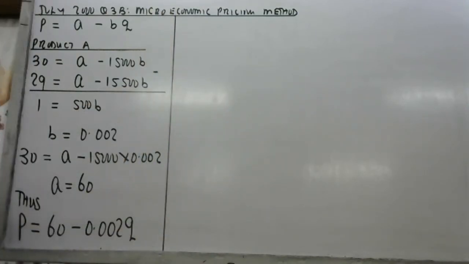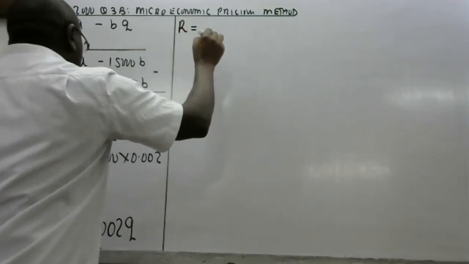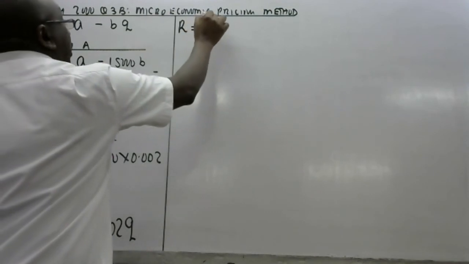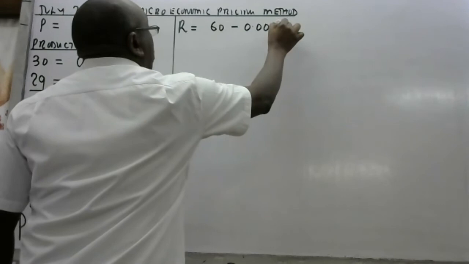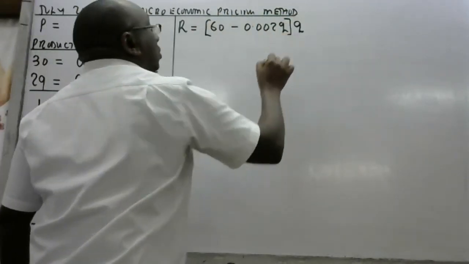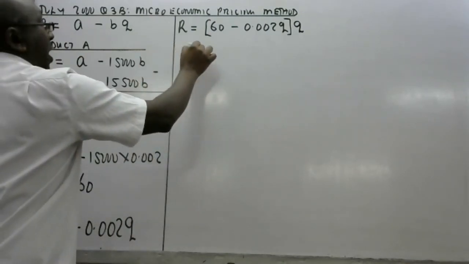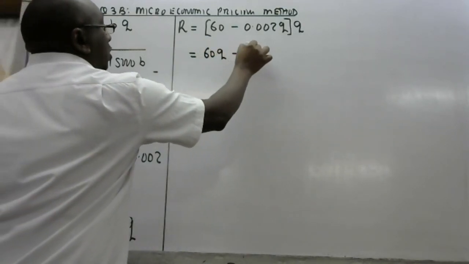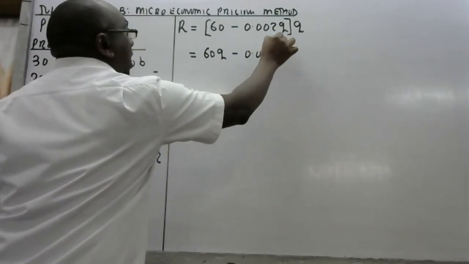So if they ask you to get the revenue, you will say it is 60 minus 0.002 Q. Now this one, you multiply by Q. And this one will be 60 Q minus 0.002 Q squared.